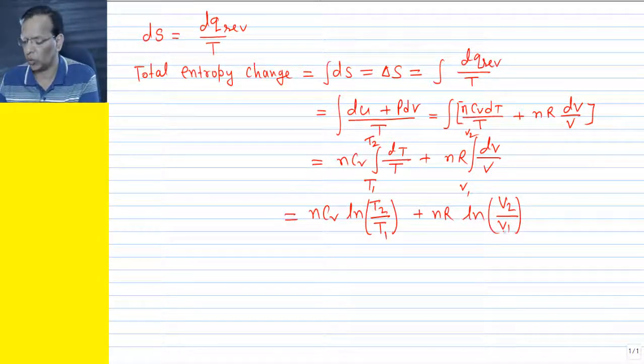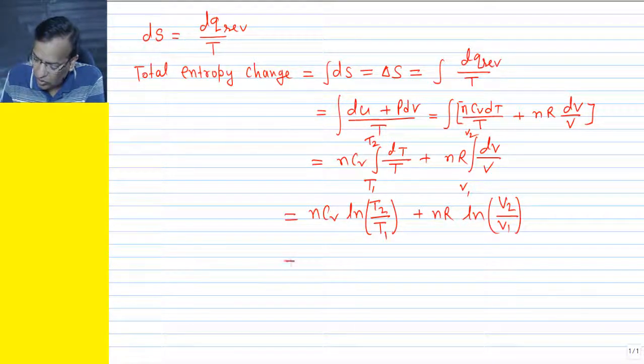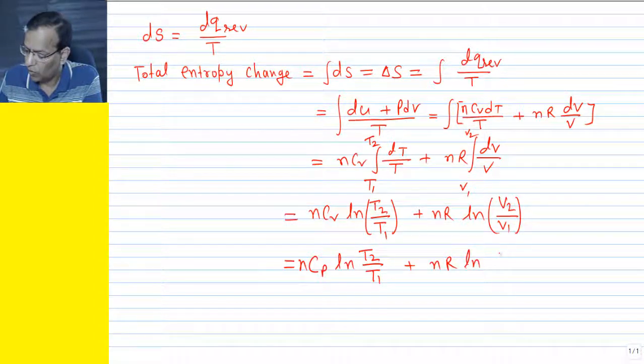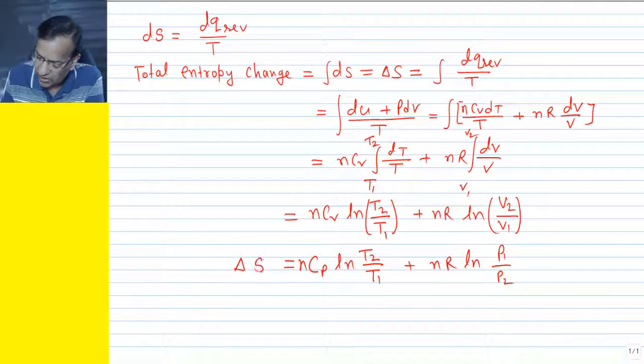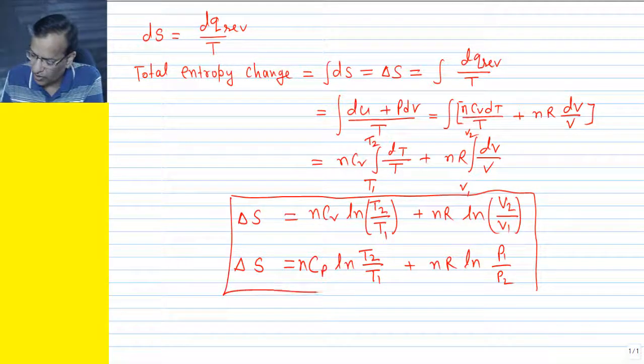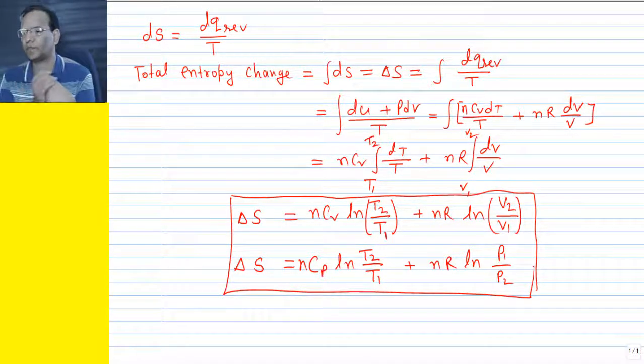We can also substitute V by nRT by P, and then this will be in the form of Cp, so it will be nCp ln T2 by T1 plus nR ln P1 by P2. So that is the expression for delta S in terms of temperature, volume and pressure.